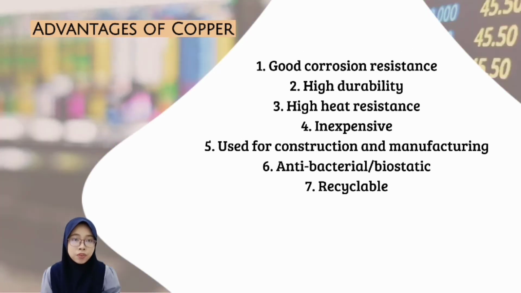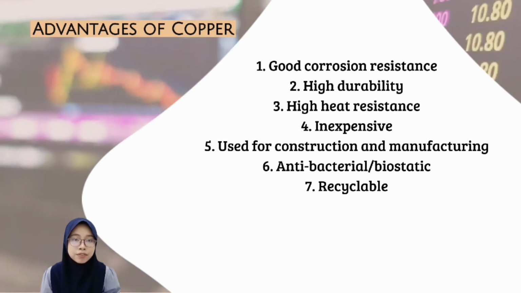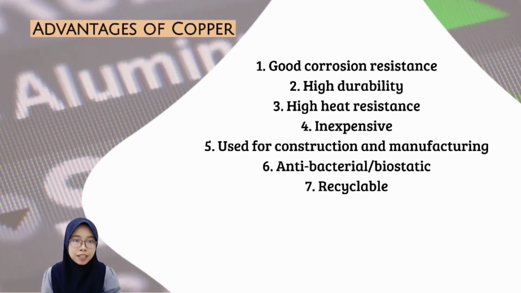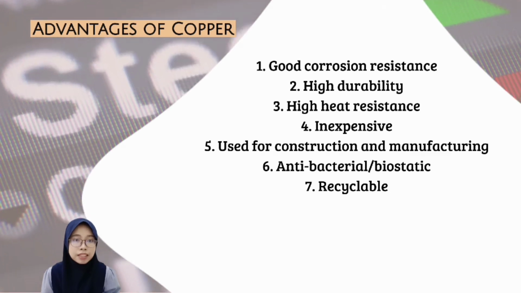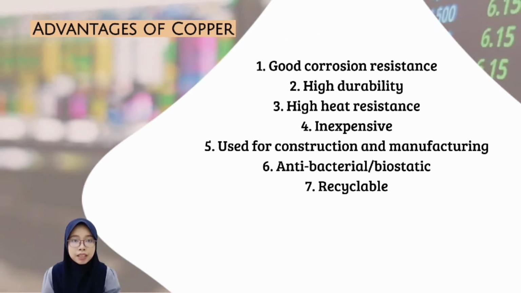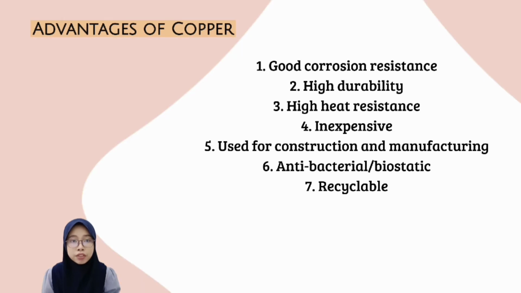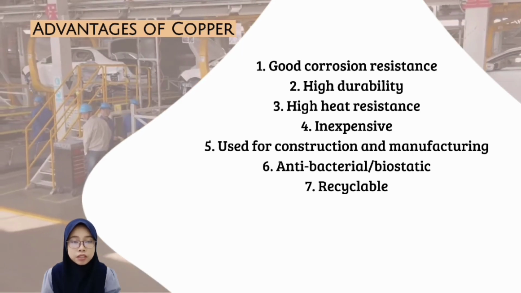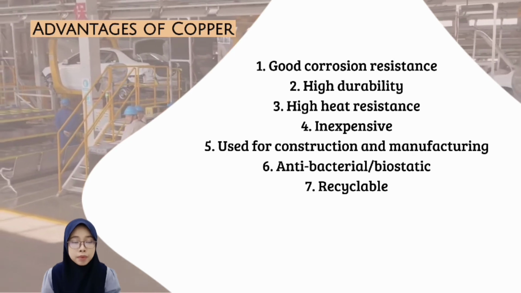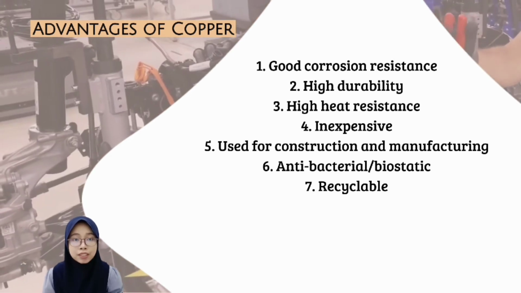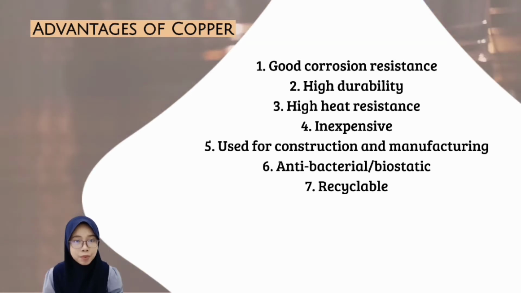Another advantage is that copper is inexpensive compared to other conductive metals. It is a versatile metal because it can be used for both construction and manufacturing, as it is soft, ductile, and malleable. It's easy to shape and stretch without causing any breakage.